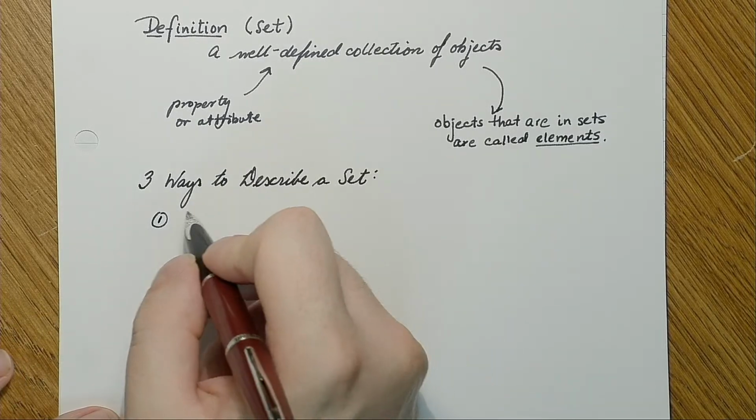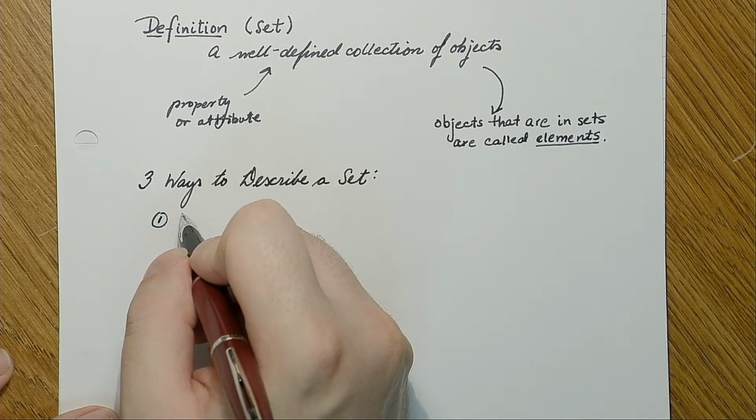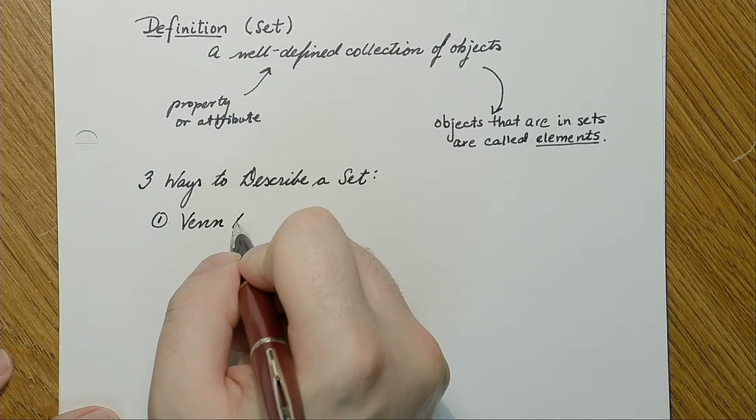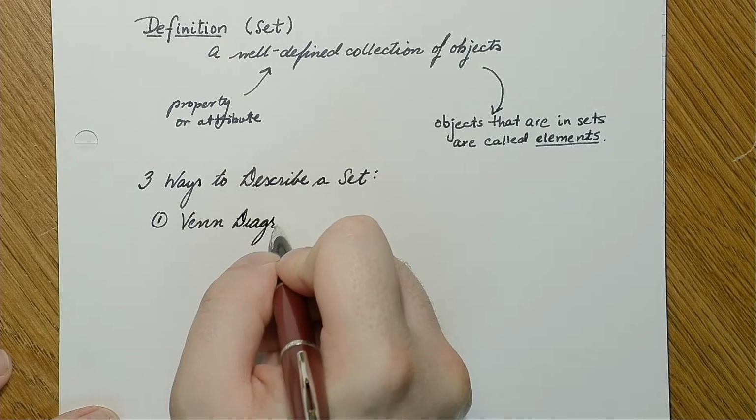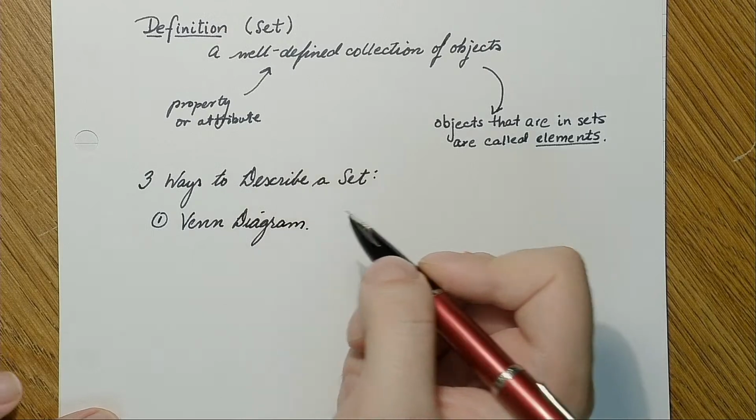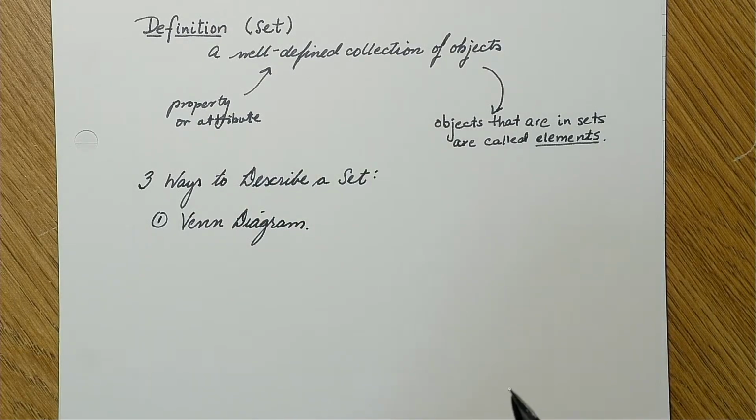The first one that we could do is using a Venn diagram. A Venn diagram is our graphical representation of a set, where we use a circle to represent a set and a dot to represent an element.